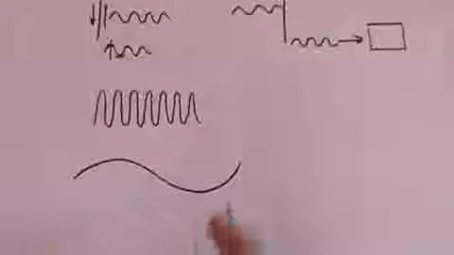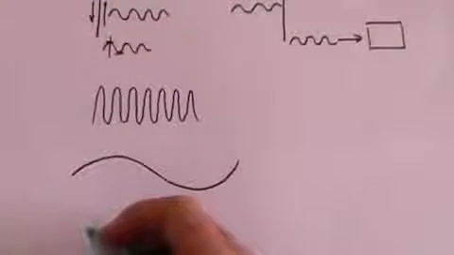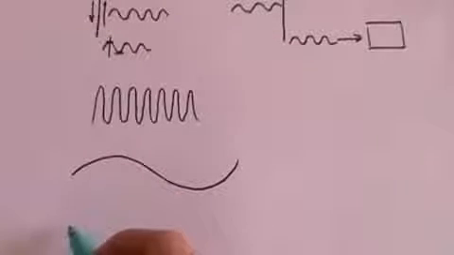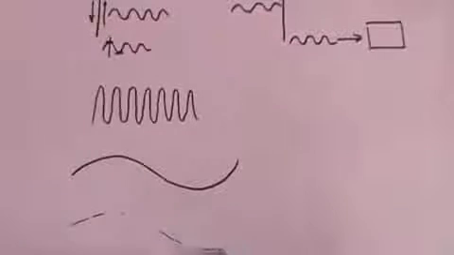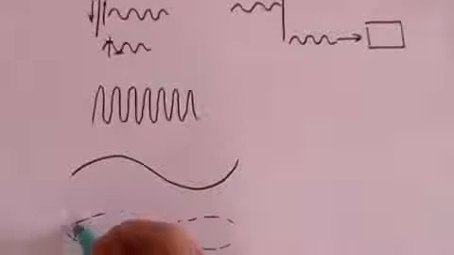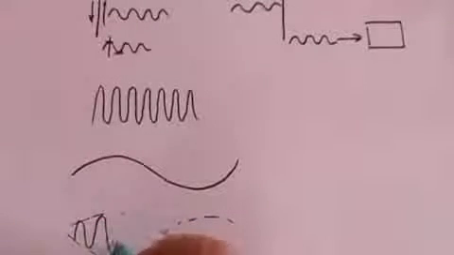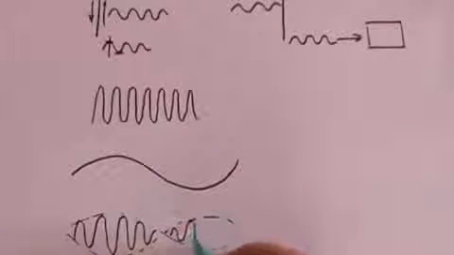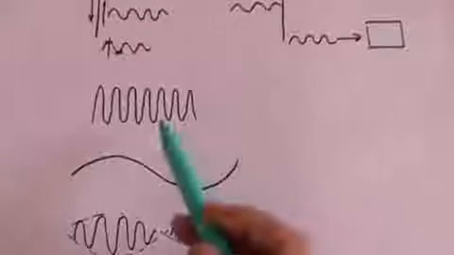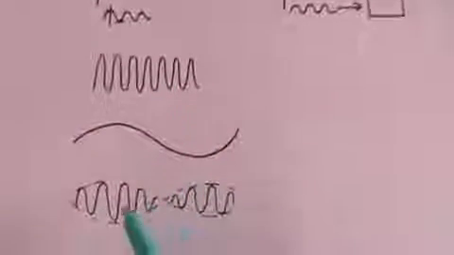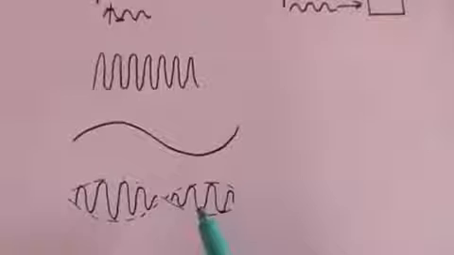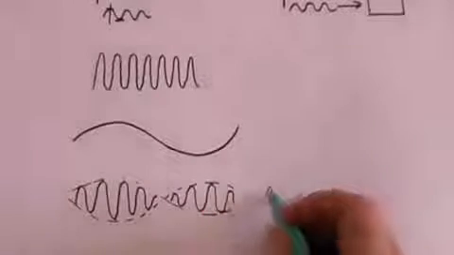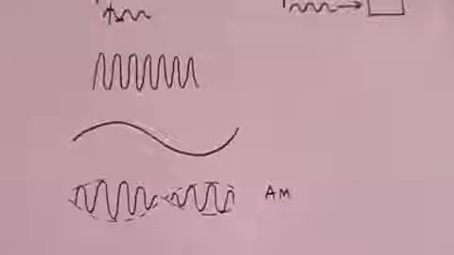And you essentially add the two together, so you get a wave which has this as its, what they call, envelope, and the high frequency wave, the carrier wave, looks like this. So you've effectively merged these two waves to form this wave, and that's simply called an AM wave, amplitude modulated.